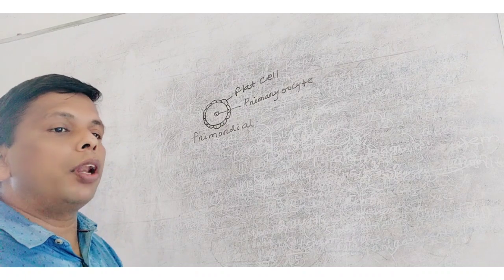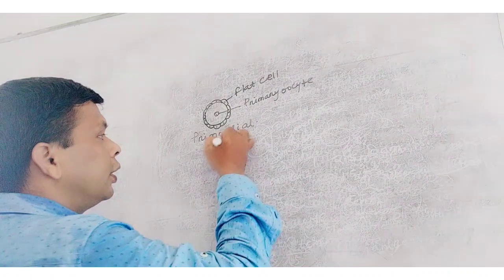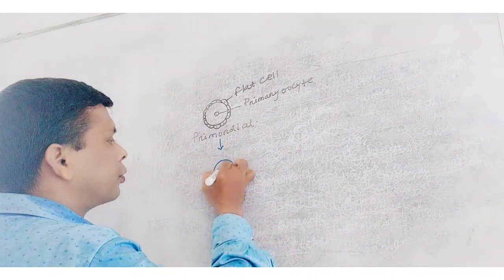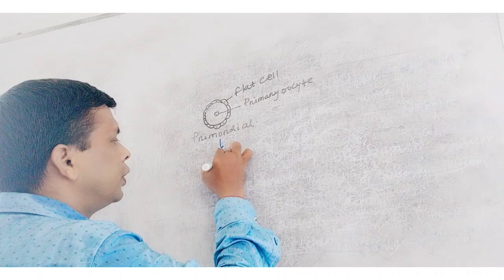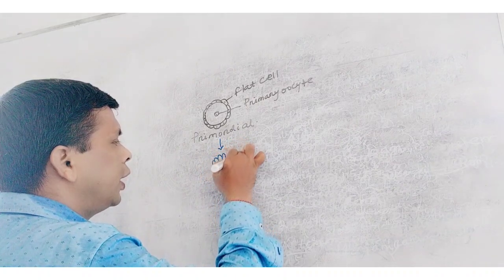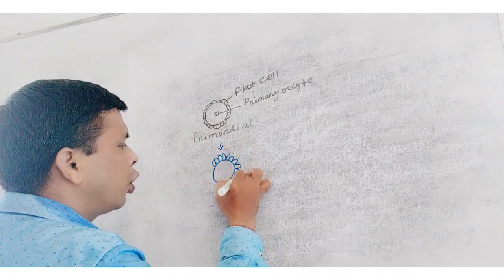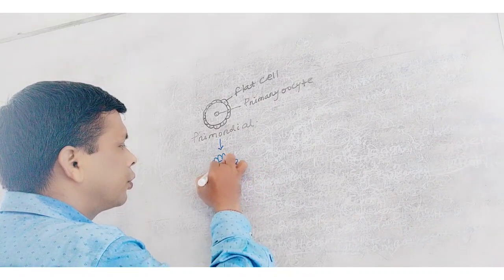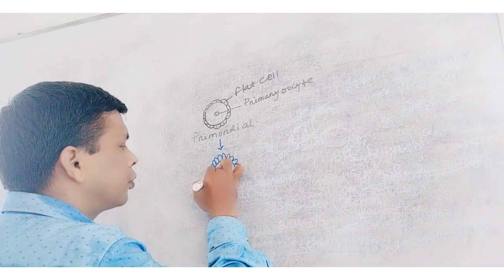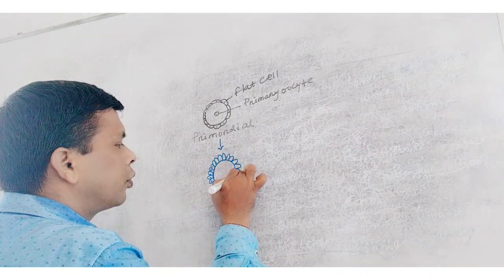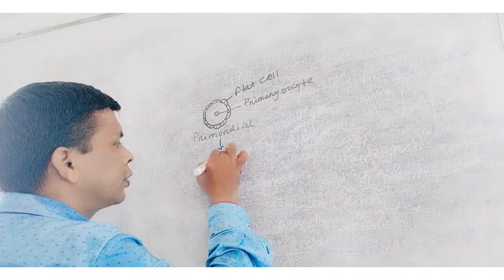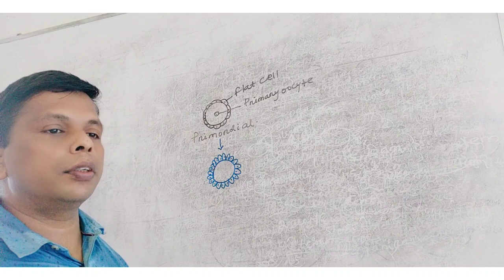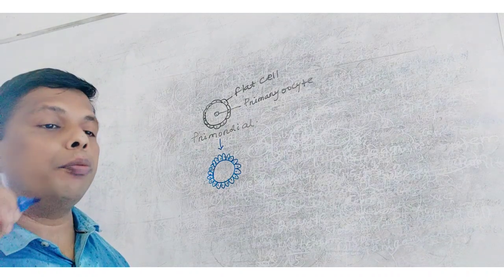This primordial follicle gives rise to a follicle whose cells became a single layer, but these are columnar cells. So it consists of the early primary follicle.